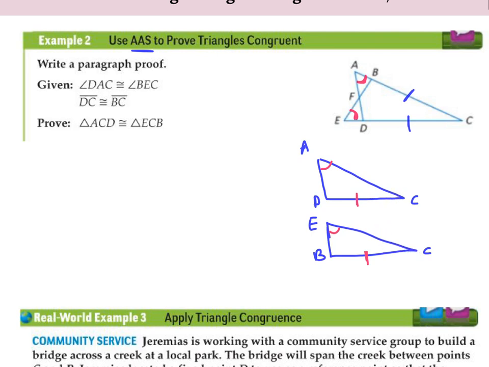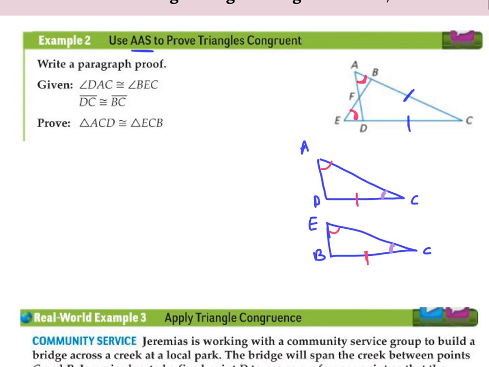These angles, since they overlap, they are congruent to each other. So I can say that I have two angles that are congruent and a non-included side.